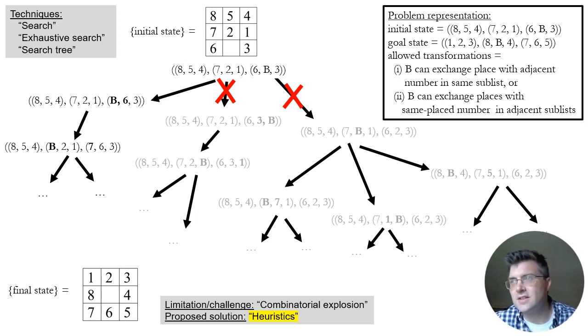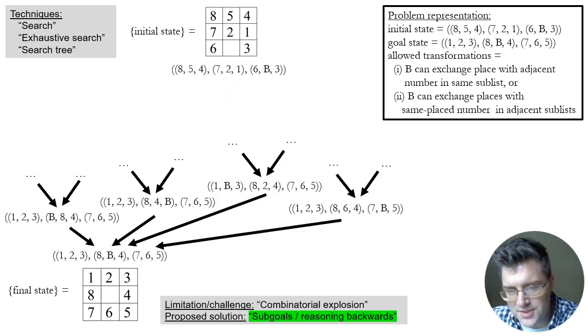That would at least cut down on the number of branching paths that the computer had to consider. And of course, when you pile on a set of different heuristics, then you can really narrow down the search space quite a lot.